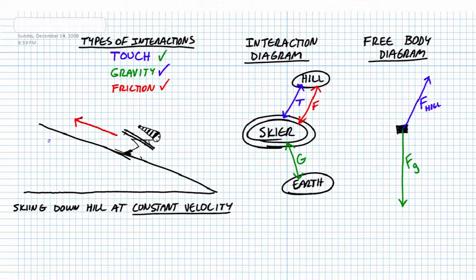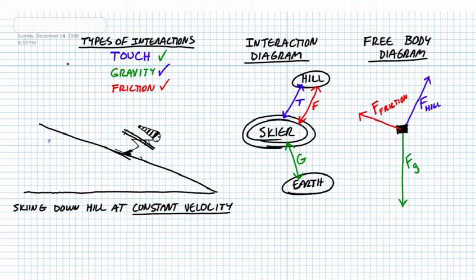Now that we've got that in the appropriate direction, we'll just drag that over to our diagram, and we'll label that with an F for force and a little subscript for friction.